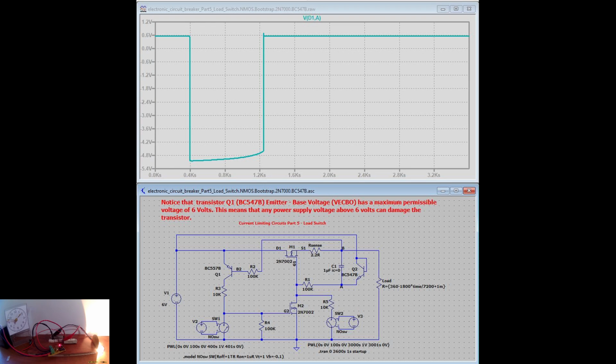Any power supply voltage above 6 volts will compromise the transistor. However, it is a good circuit to be used in situations where the power supply does not go above 5 volts, like driving a 5 volts microcontroller, like the Arduino or Raspberry Pi.